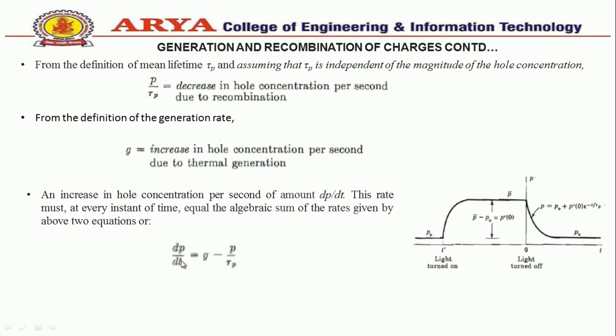So this rate must at every instant of time equal the algebraic sum of the rates given by these two equations. So dP upon dt equals the increase in hole concentration per second due to thermal generation minus the decrease in hole concentration per second due to recombination.